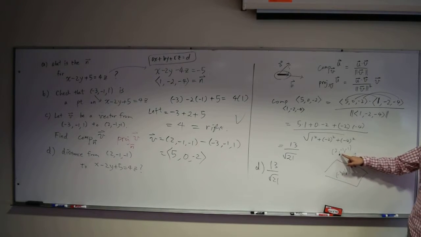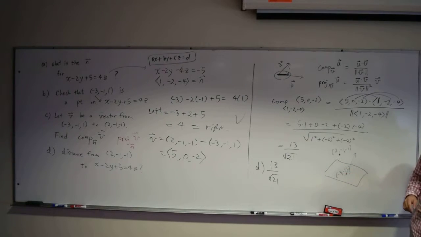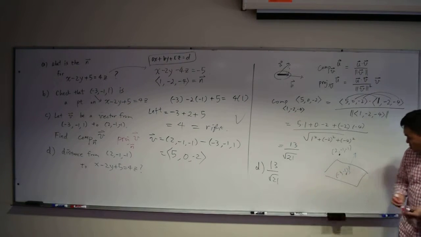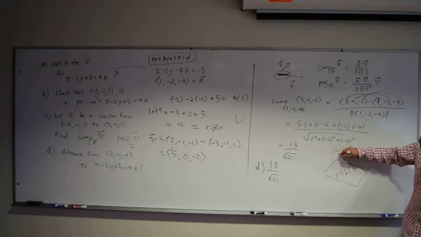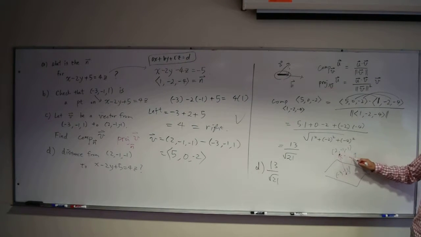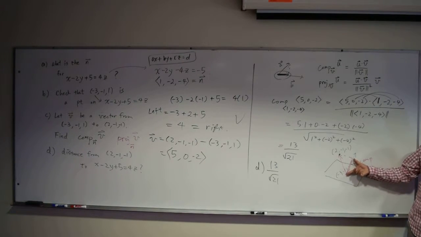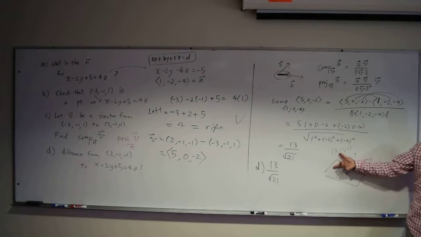And if you want to know how far this one is to the plane, the plan is to do the following. First, make a vector out of the two points, and then figure out the component. That's the component that we just found out, right? And if you think about it, that's exactly the distance between the point and the plane.